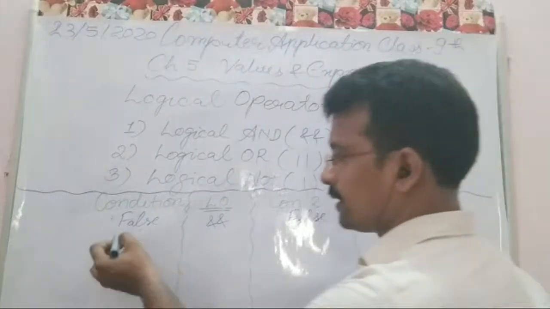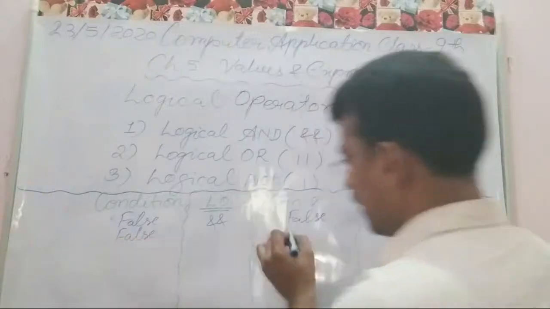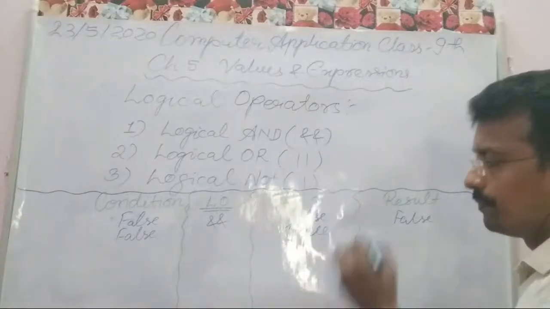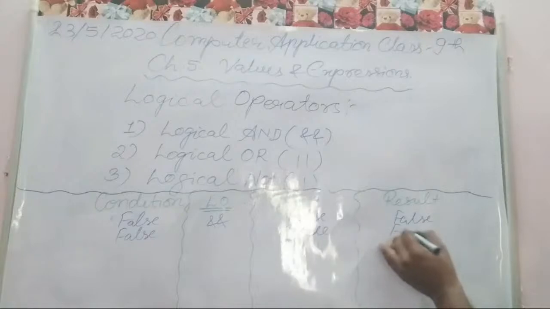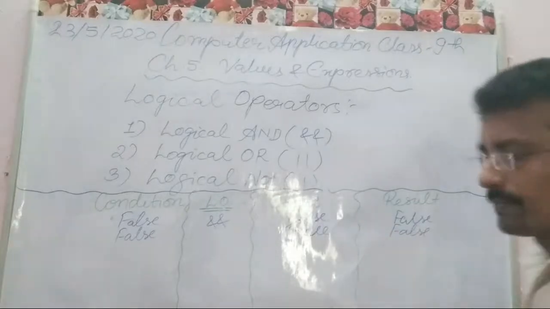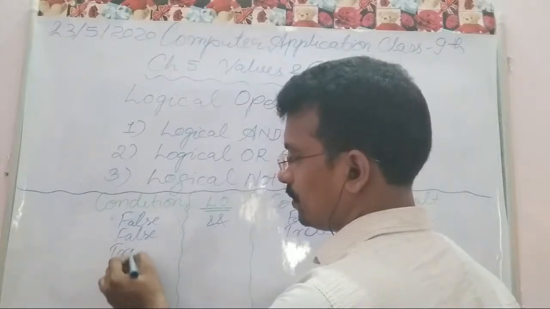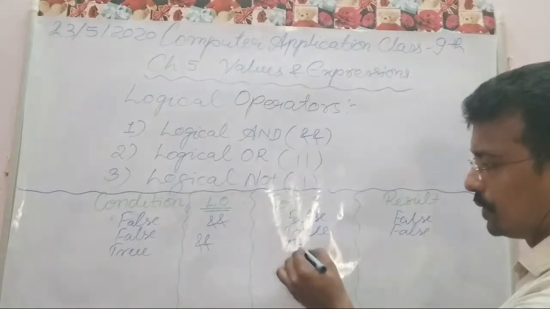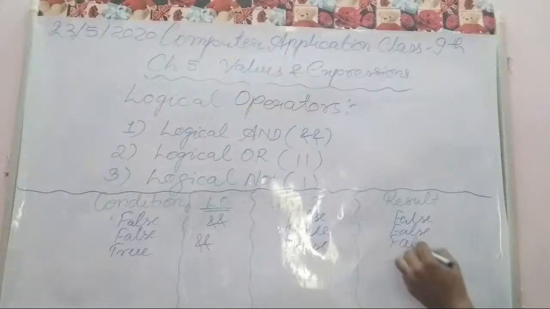When condition 1 is false and condition 2 is true, then also it will produce false. When condition 1 is true and condition 2 is false, then also it will produce false.